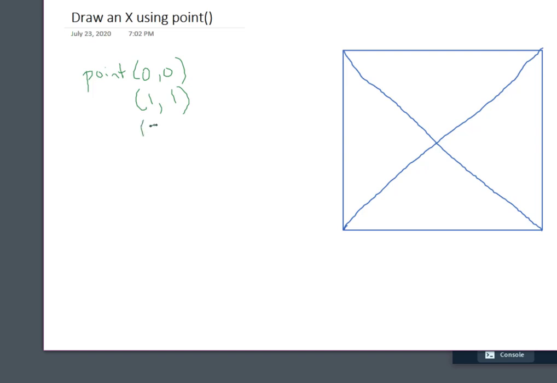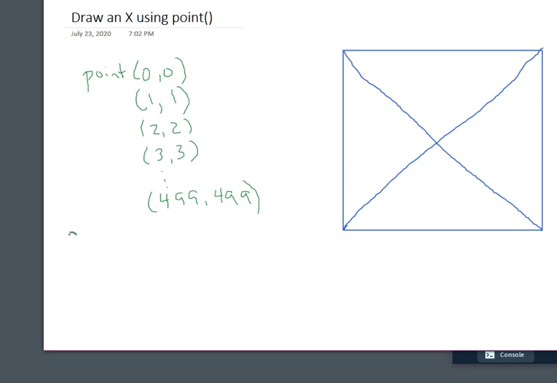Then point 2, 2, point 3, 3, and so on until we get to point 499, which is the last pixel here on the x-axis and the last pixel on the y-axis. I'd be assuming that my screen size is 500 by 500, so I'd go to 499, 499. If I were to write all of these out, I'd have 500 different points to make this line.